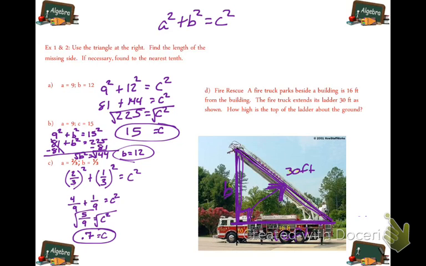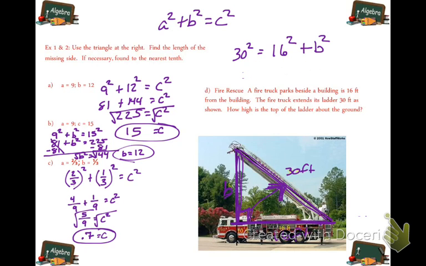That's the opposite of the right angle, the hypotenuse. So I could say 30 squared equals A, which would be 16 squared, plus B squared. We don't know. Or you could have written it out like this, 16 squared plus B squared equals 30 squared. You'll still get the same answer either way you look at it.